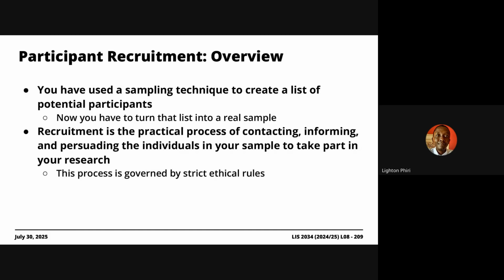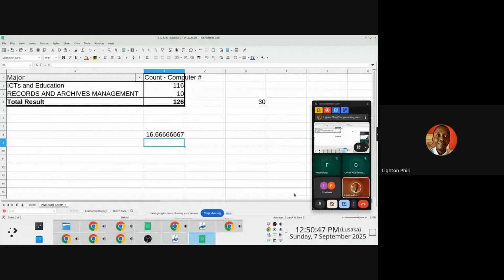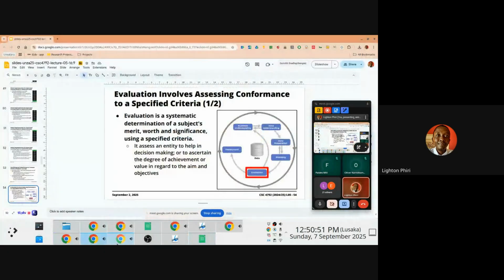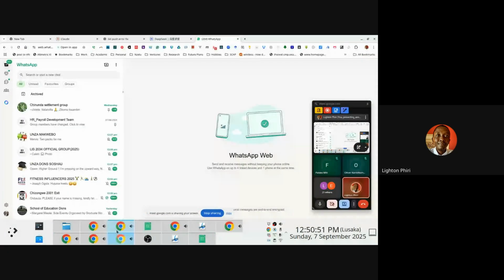If I'm sending this via email, I rephrase the wording of my invitation for you to participate. That's what I mean by persuading, not persuasion in the classical sense, not what you're thinking here.